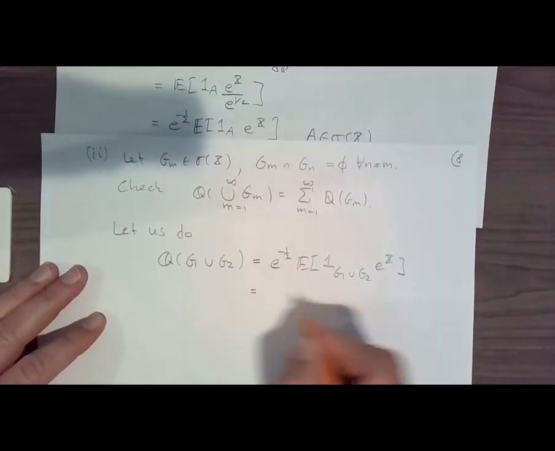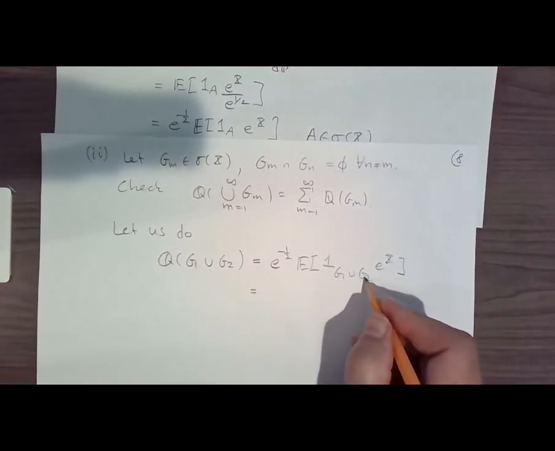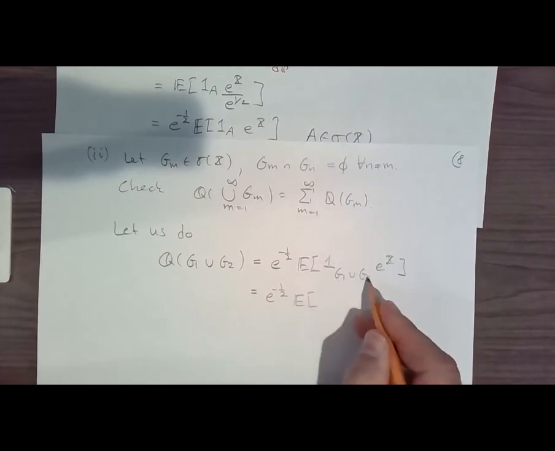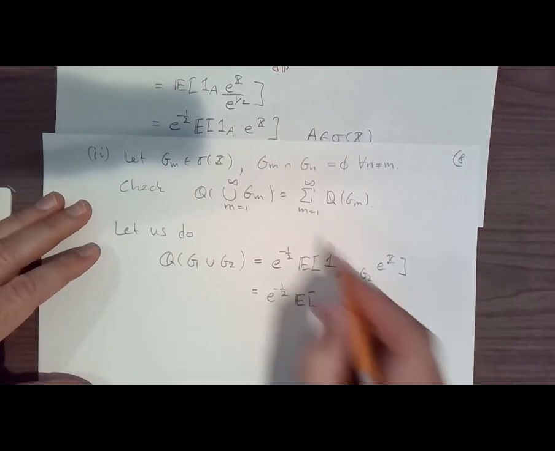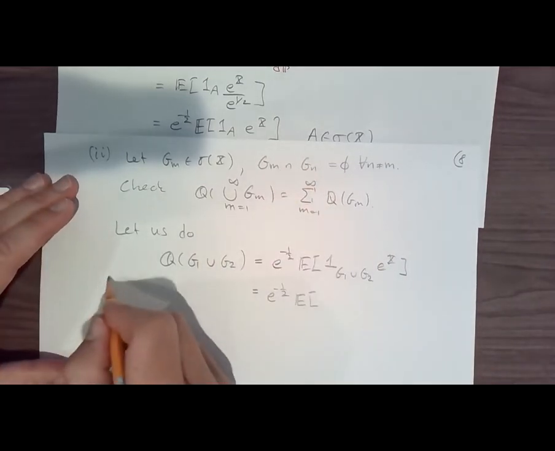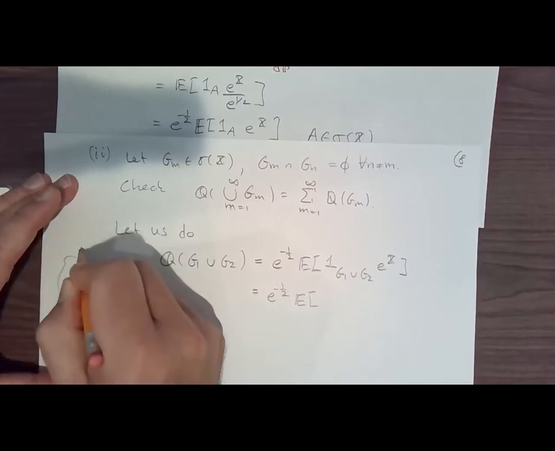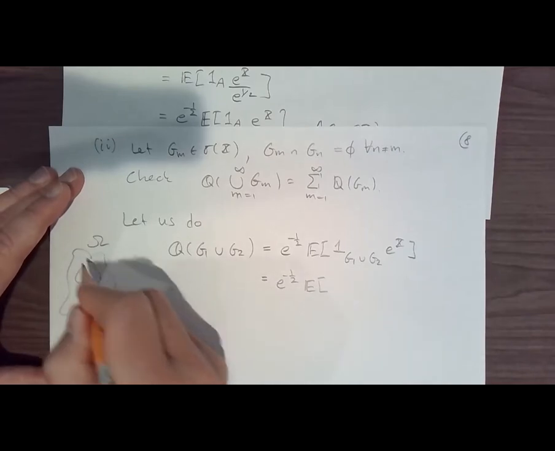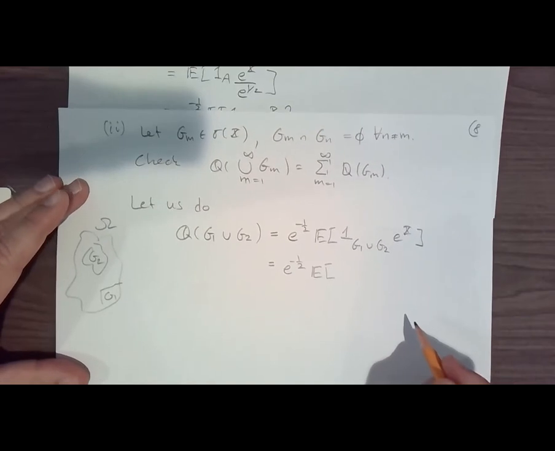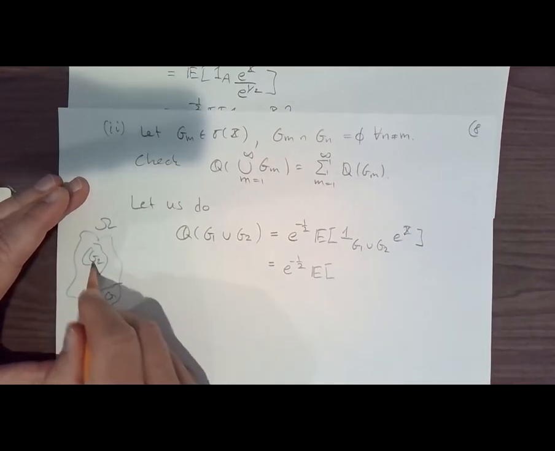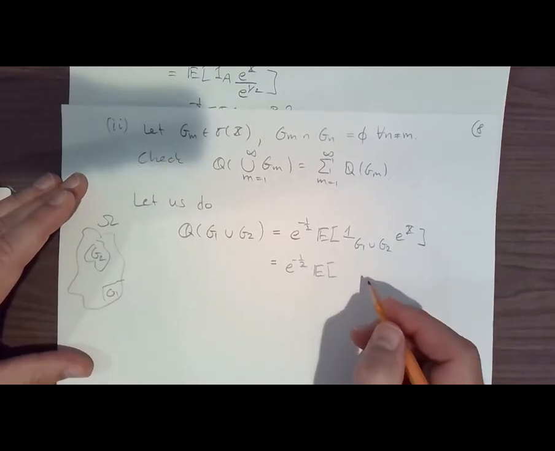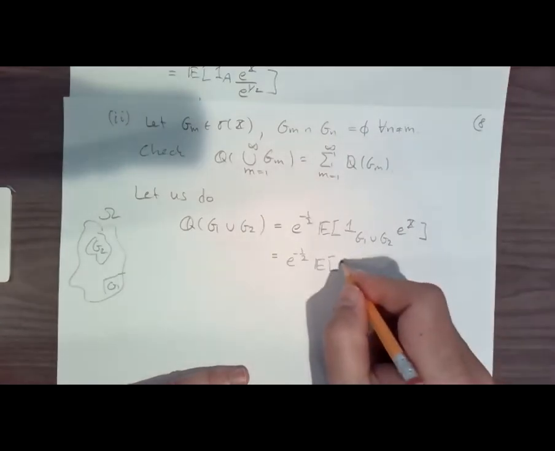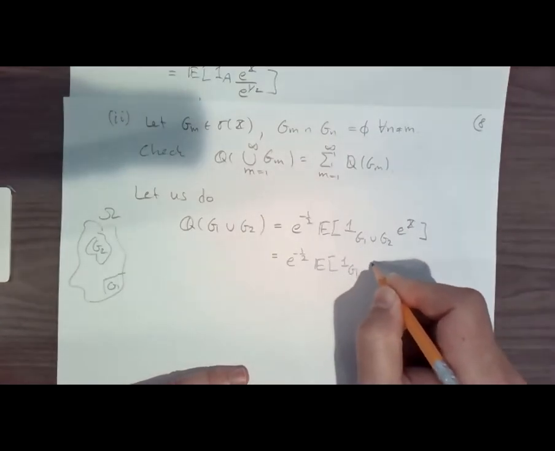Now, how can I write the indicator for G1 union G2? Well, keep in mind G1 and G2 are disjoint. Over here, this is my sample space, omega. I'll have in one corner G1, and in the middle here, G2. So the indicator for the union is equal to what? Would it be the sum, so 1_G1 plus 1_G2?